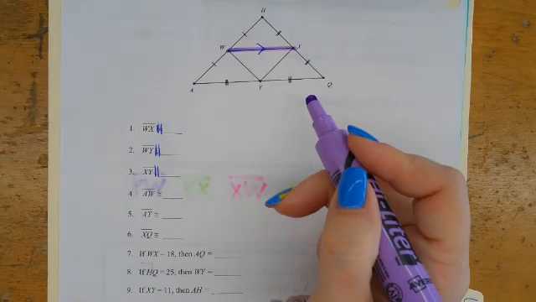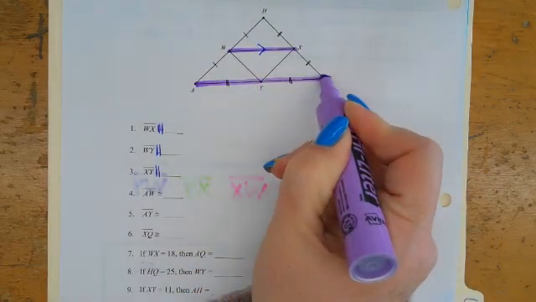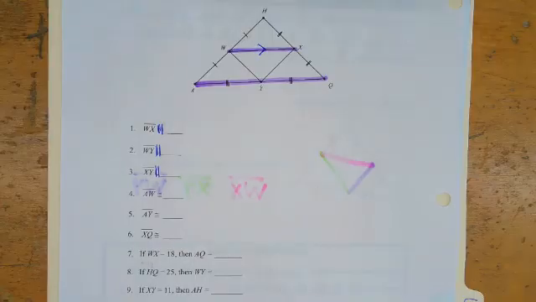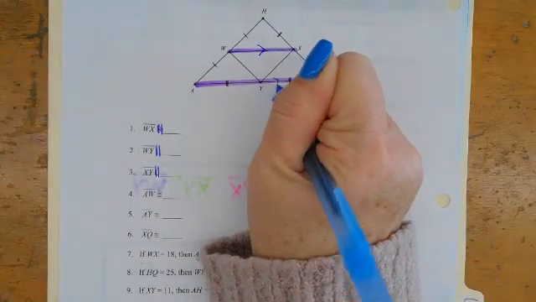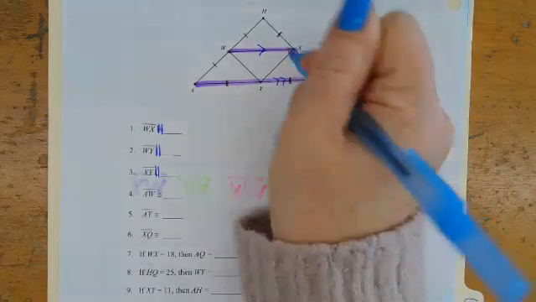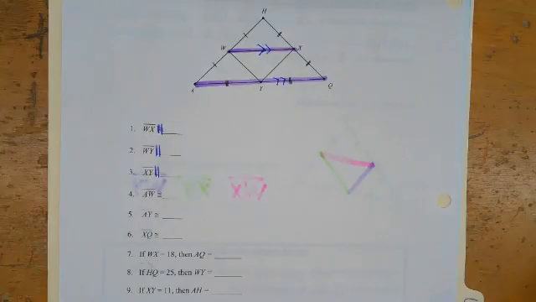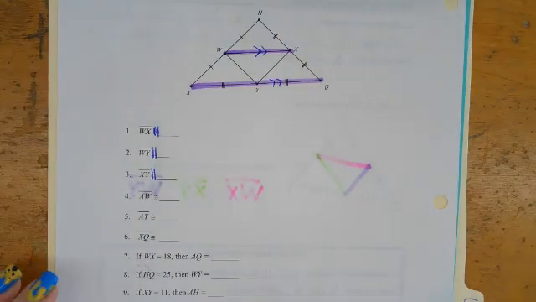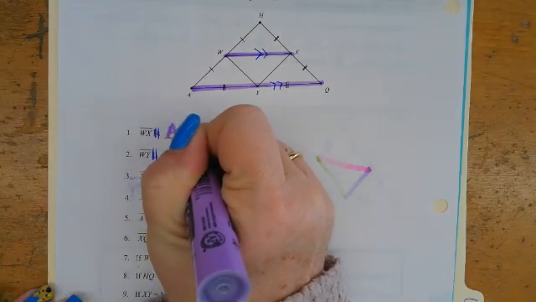So WX is parallel to AQ. And you can just label it like that. I'm going to put 2 in there just to make this a little bit easier to see.